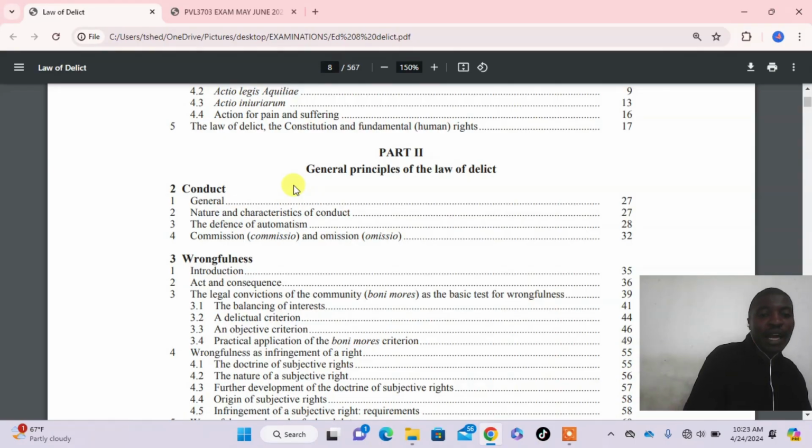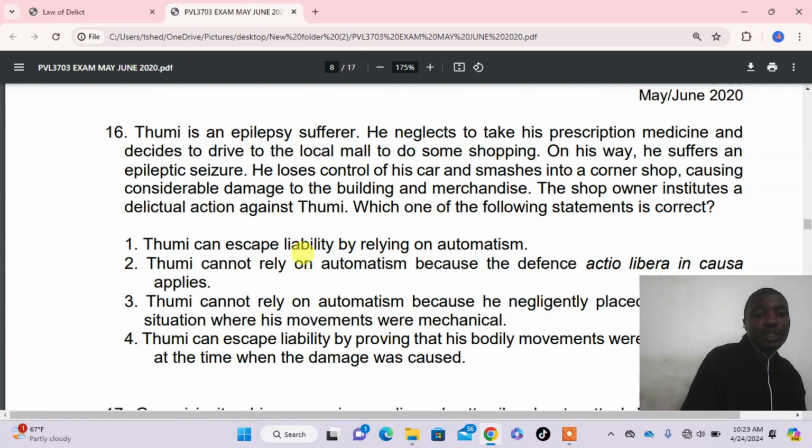So I told you about the defense of automatism, and now we're going to have one question here, so that we see if you can answer it. The question says, Tumi is an epilepsy sufferer. He neglects to take his prescription medicine and decides to drive to the local mall to do some shopping.